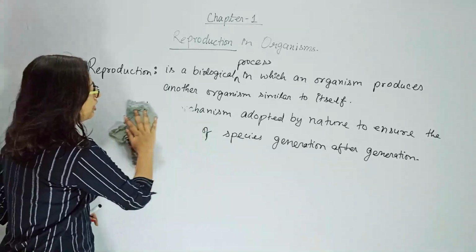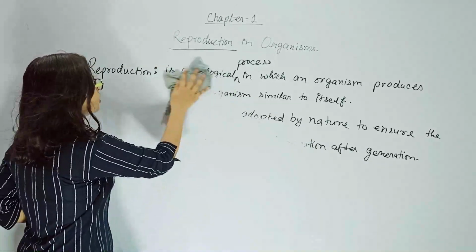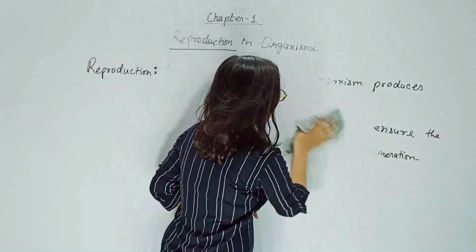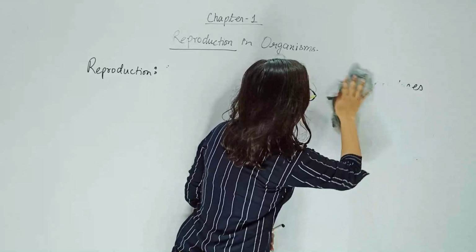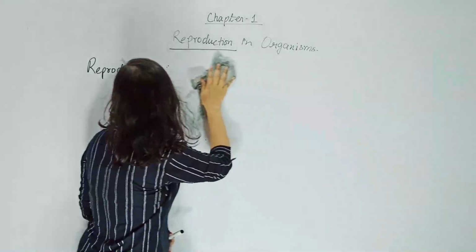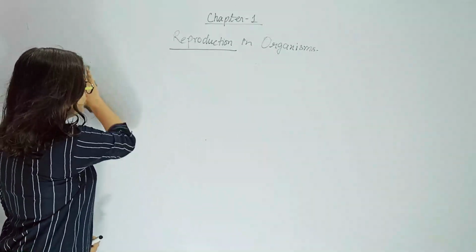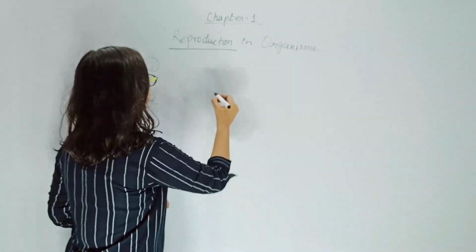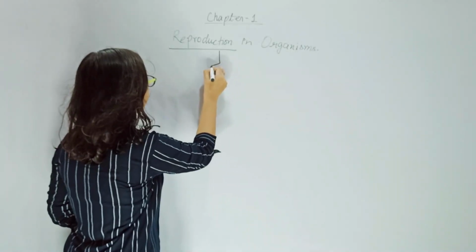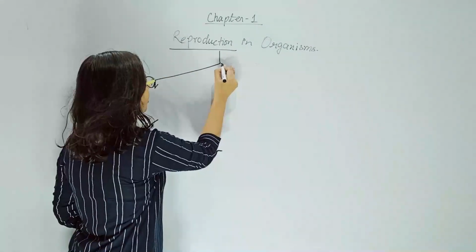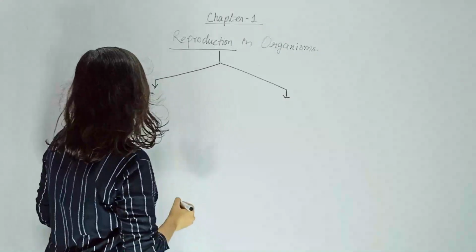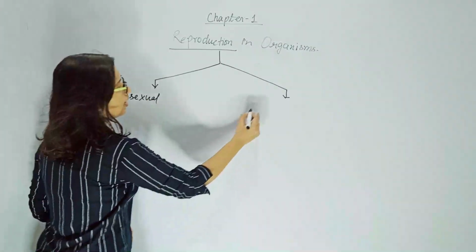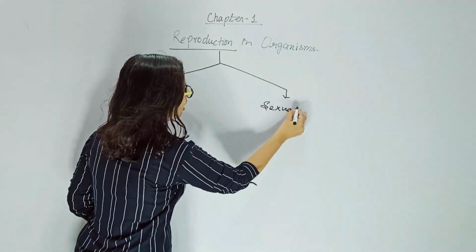Now we are moving to the next topic, which is the types of reproduction. How many types of reproduction are there? Or the modes of reproduction. You already know it can be either asexual reproduction or sexual reproduction.